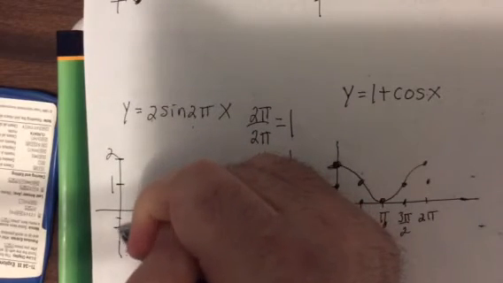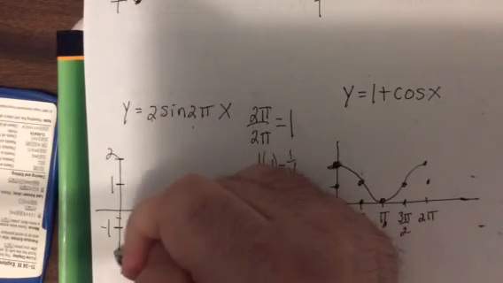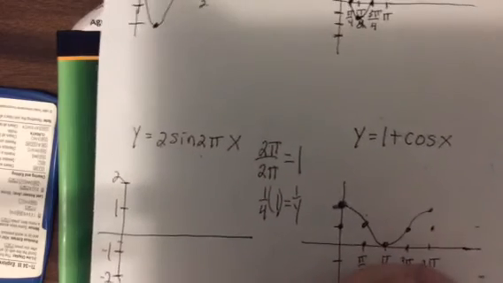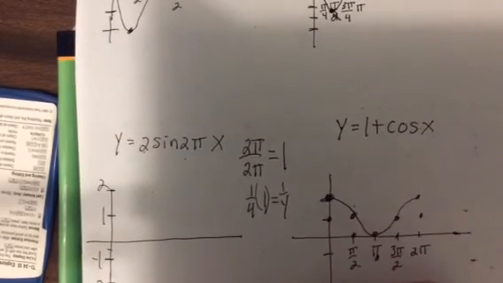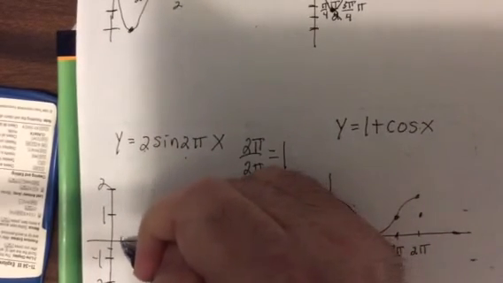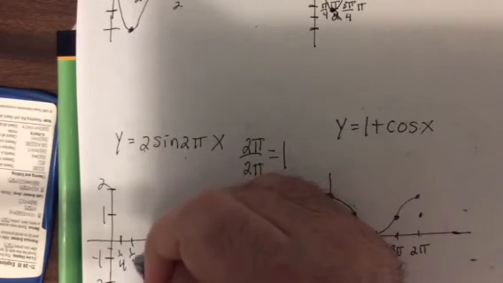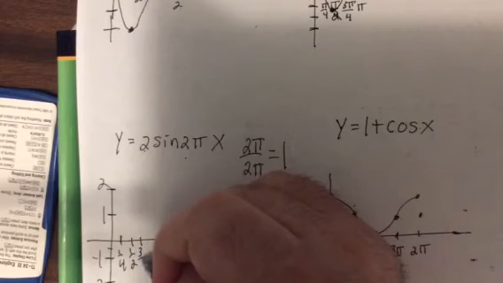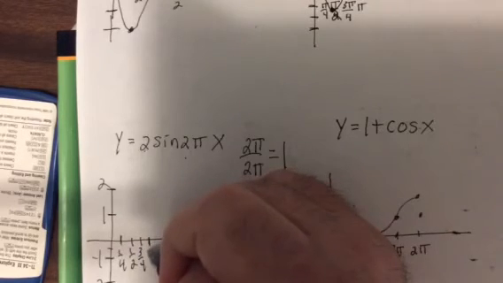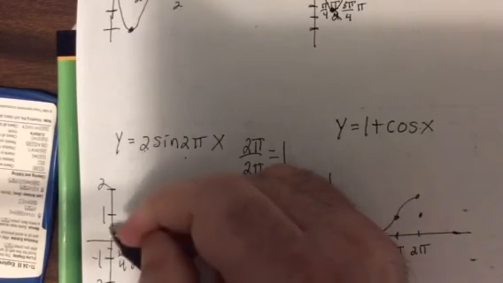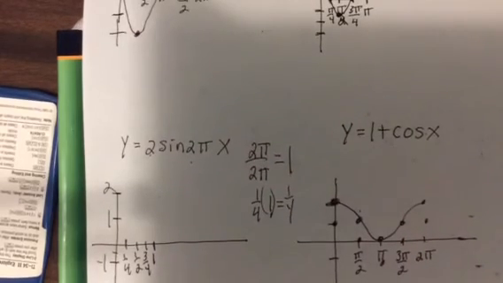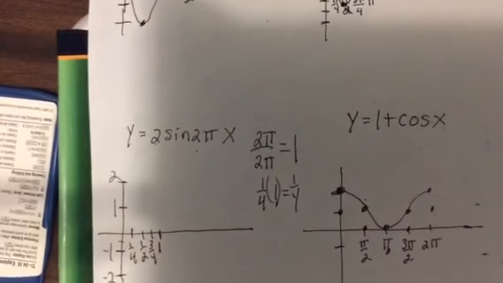Then I'd have -1 and -2. So it's going to be 1/4, 2/4, which is a half, 3/4, and 1. Now, technically, this one should be the same distance as this one, but I'm a little bit off. It's hard to be perfect.